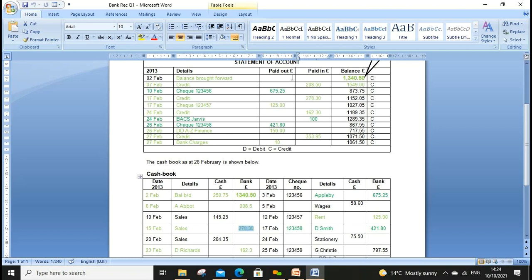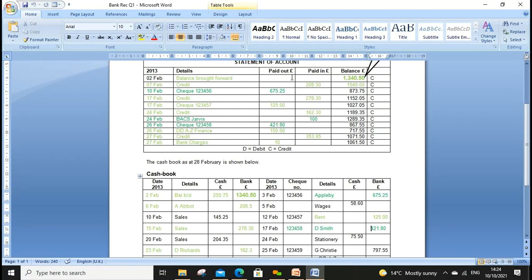So we have the credit sale of 278, and due to the sale my bank balance went up by 278.30 that date. The money actually credited and the record in the cash book are different, so that can be a timing difference.